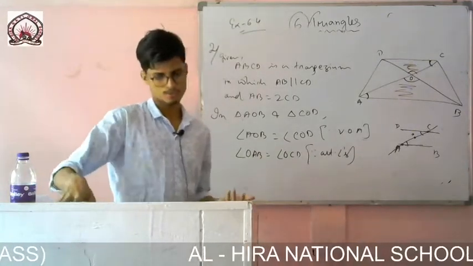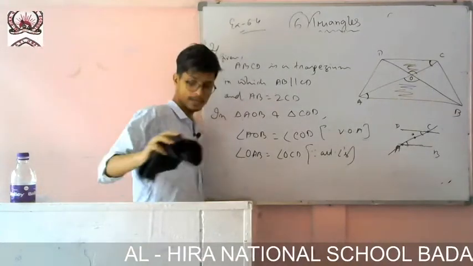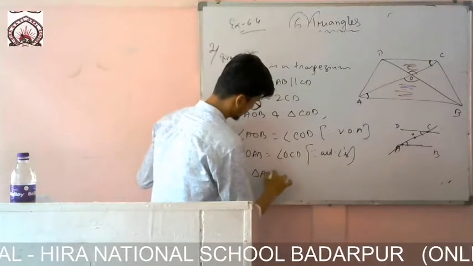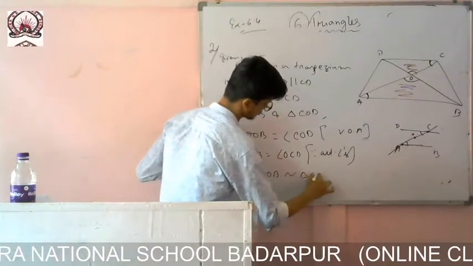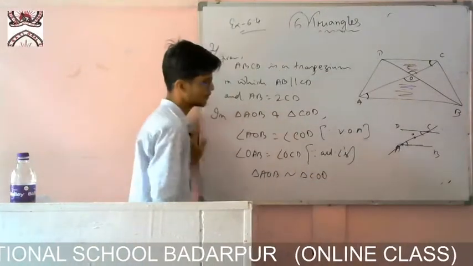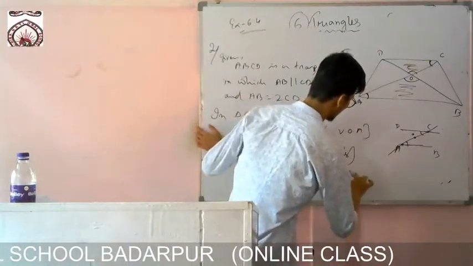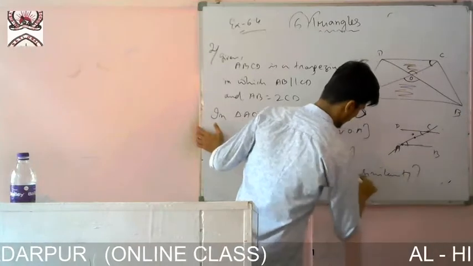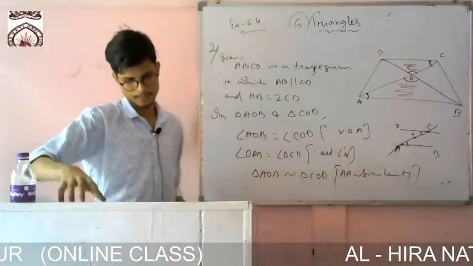Since two angles are equal, I can say that these two triangles are similar. Triangle AOB is similar to triangle COD by angle similarity.